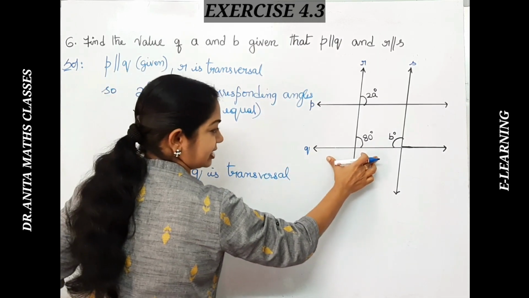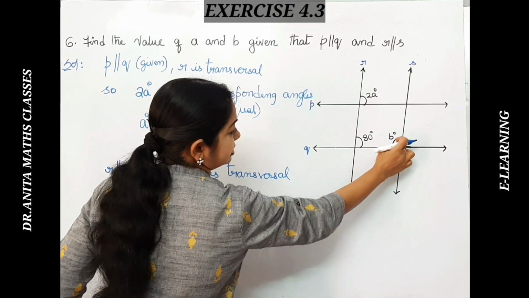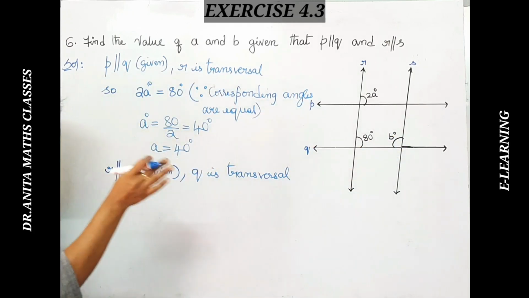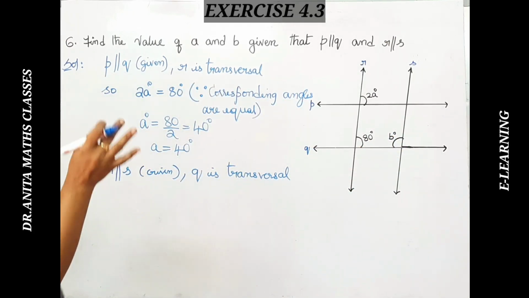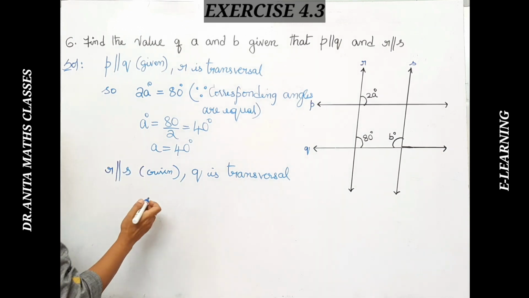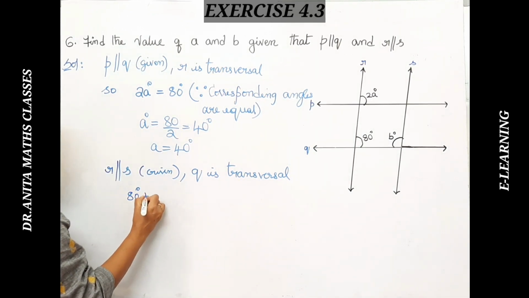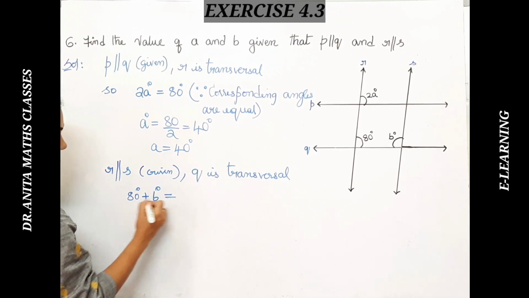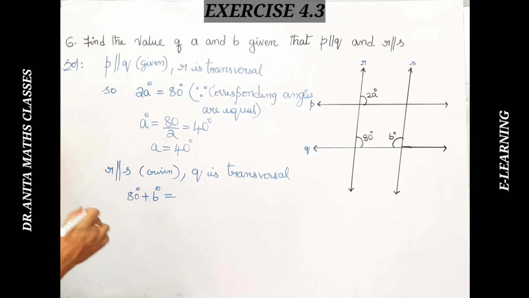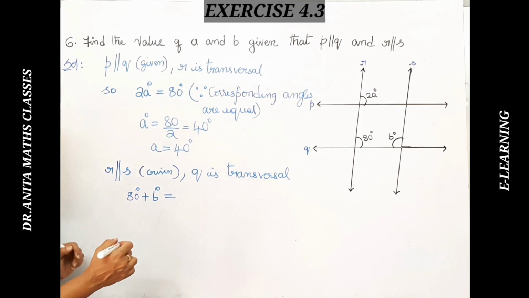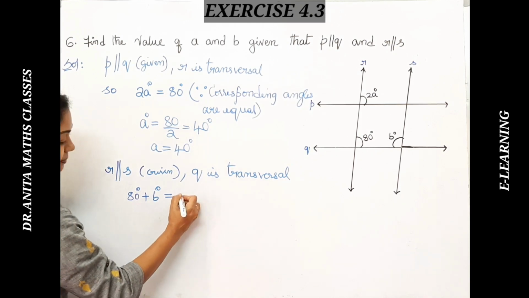If Q is a transversal, consider these two, which are interior and also on one side of the transversal. So angle 80 degrees plus B is equal to 180, because the sum of the interior angles on the same side of the transversal is 180, supplementary.